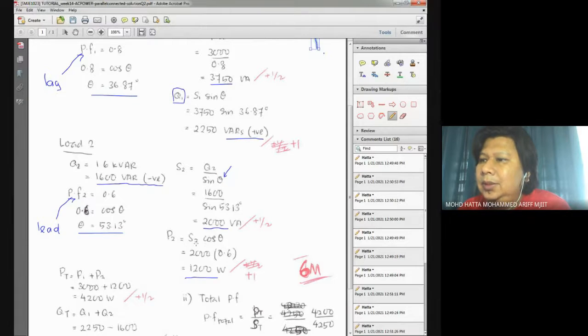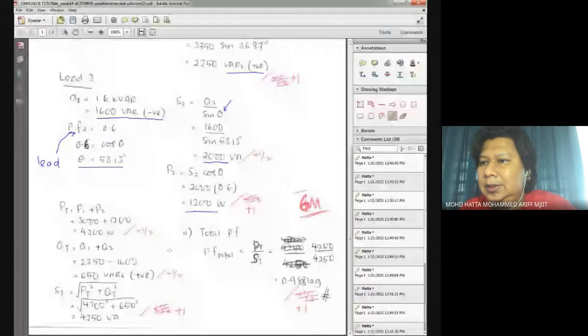This means we need to use this S2 that we calculated earlier in order to get the P, or the active power.